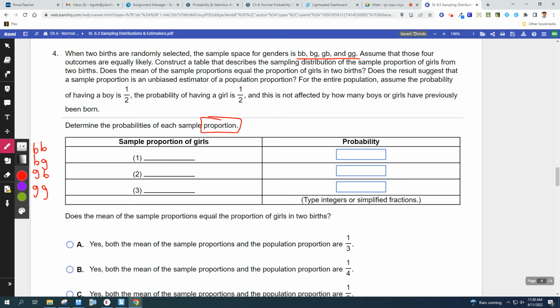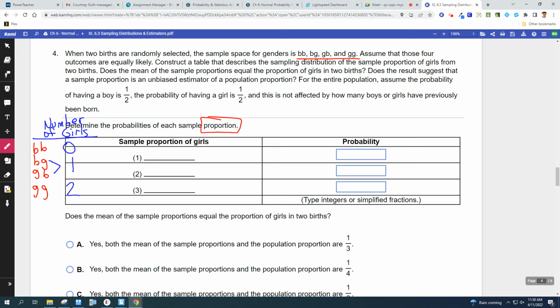So what is comfortable to me is to say the number of girls is 0, or these 2 together make 1, or this one makes 2. All right? So you can either get 0 girls or 1 girl or 2 girls, and I think that makes perfect sense. There's nothing hard about that.